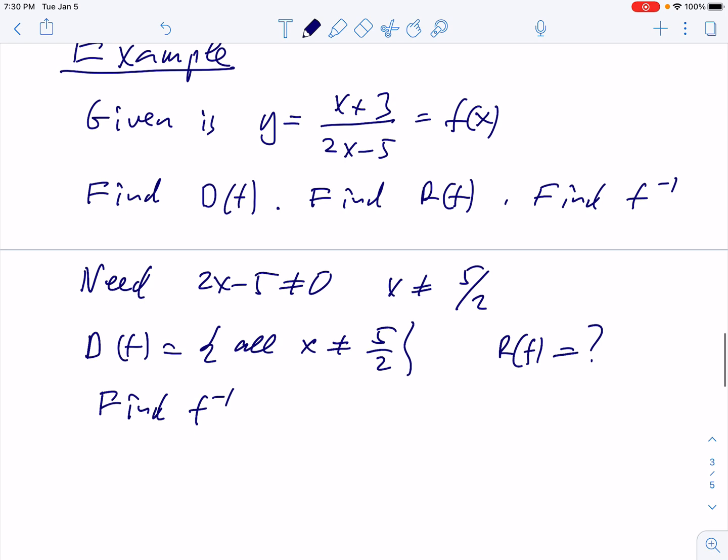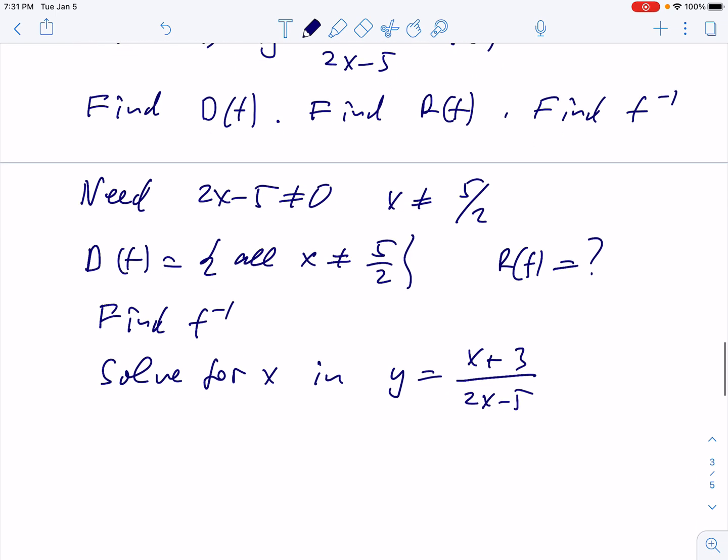How to do this? We solve for x in the equation y equals x plus 3 over 2x minus 5. To solve for x, we have to do some simple algebra.